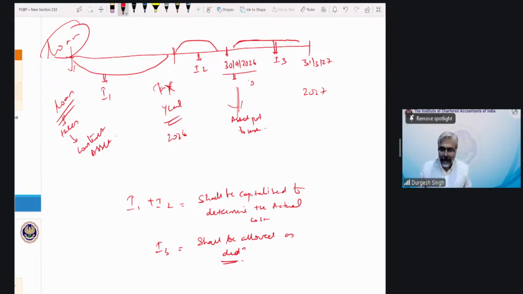This is your I3. Is everyone clear with this now? That exactly is how things have to be considered.